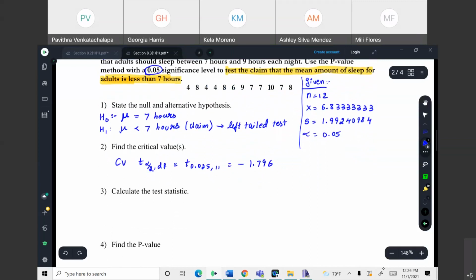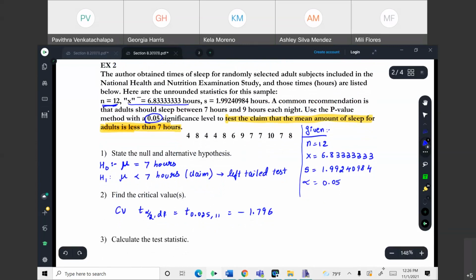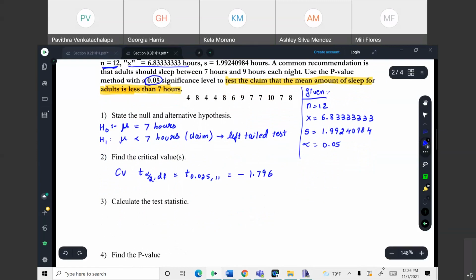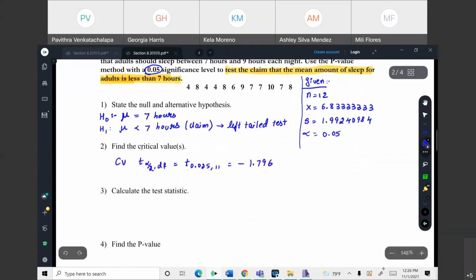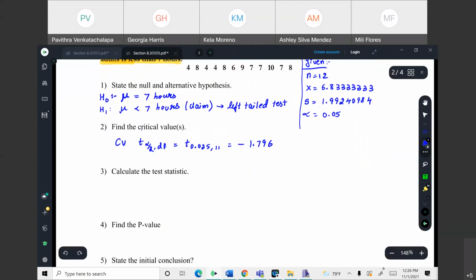Now, why do we have to use T distribution when it is not mentioned? In section 8.1, we have a formula table where I told you that when standard deviation is not given, we have to use T, right? So that is why we are using T here. Now this is your degree of freedom.